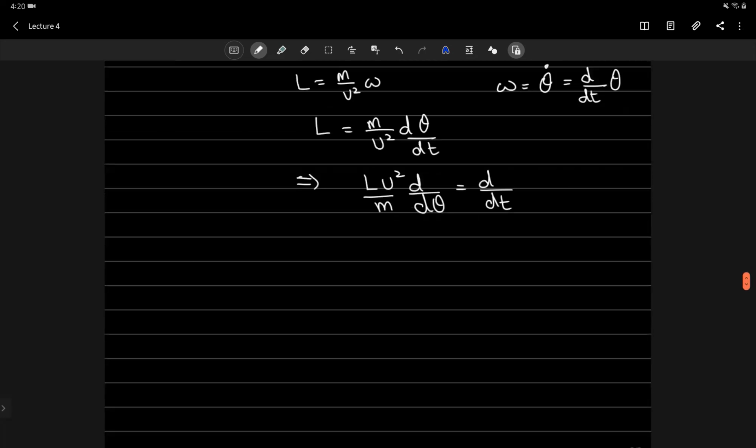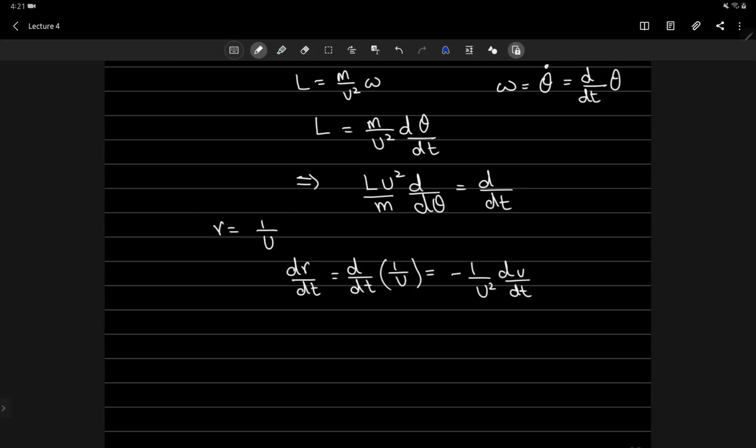Now, well, the next step is, we know r is equal to 1 over u. So I can write dr over dt as d over dt of 1 over u, right? And if I take this derivative, I would have minus 1 over u squared du over dt, right?